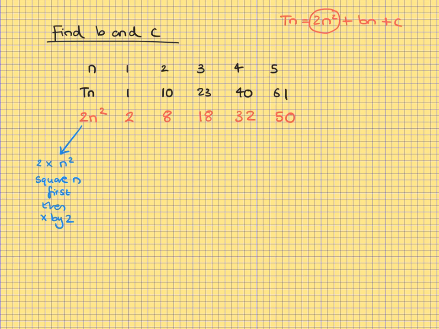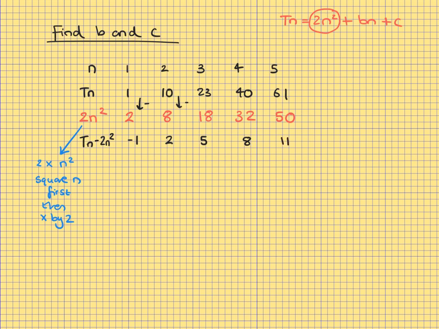And we're then going to have the row which is Tn take away 2n squared. So we need to do a subtraction, like this. 1 take away 2, negative 1, 10 take away 8, 2, 23 take away 18, 5, 40 take away 32 is 8, 61 take away 50 is 11.